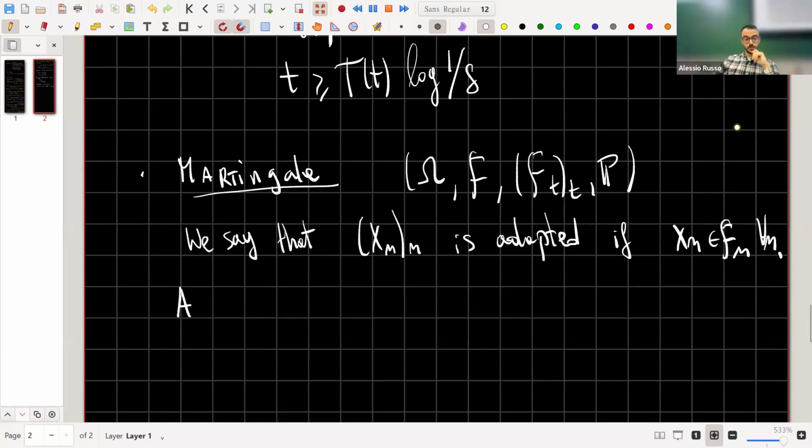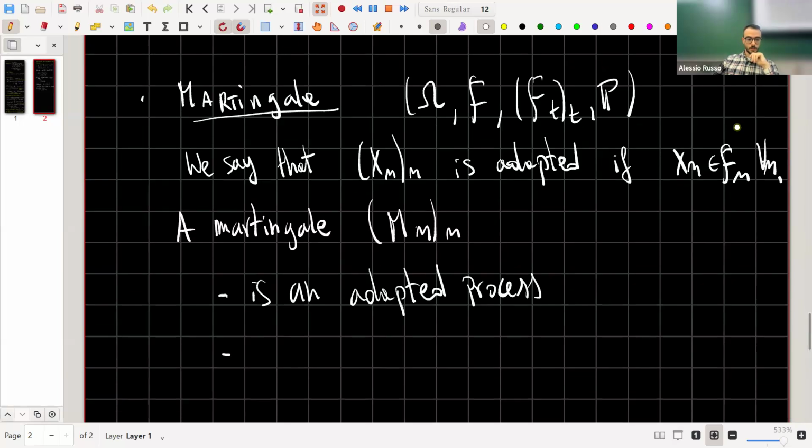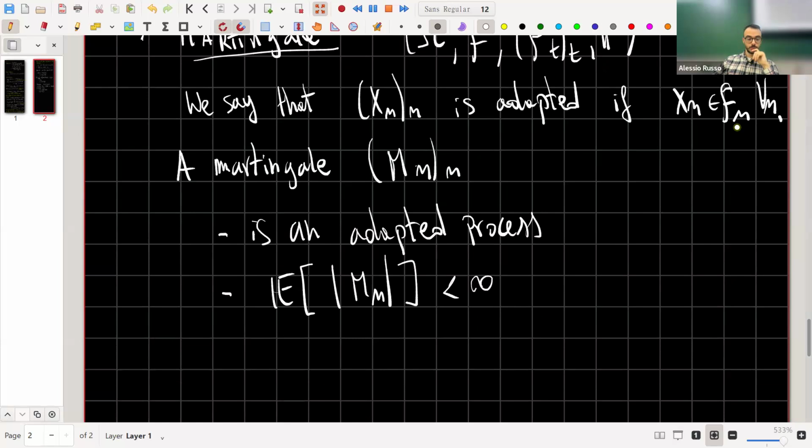Then a martingale M_n is an adapted process such that for each n, the absolute value of M_n is always bounded.